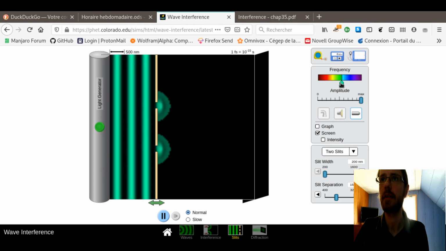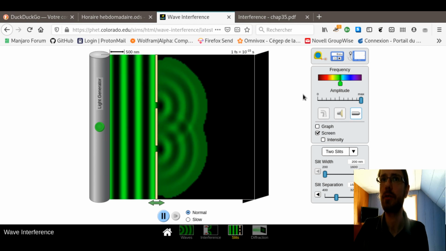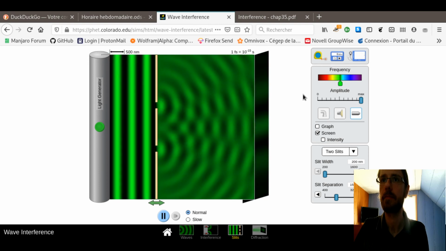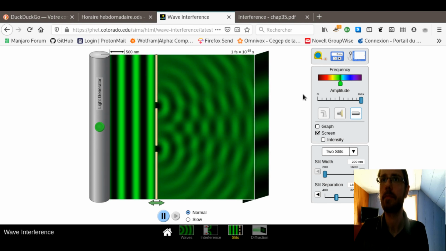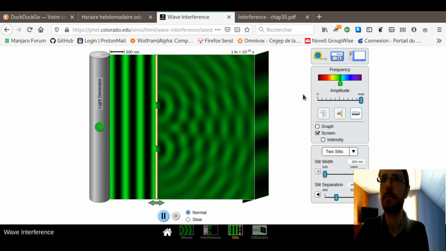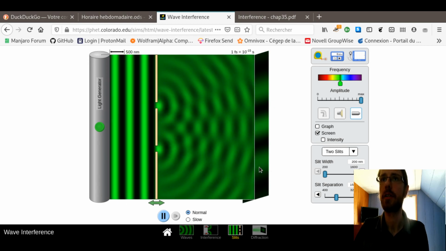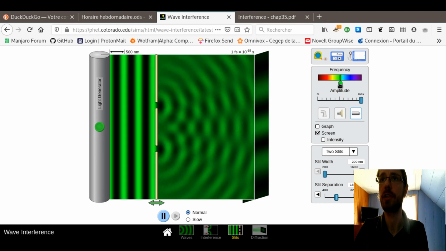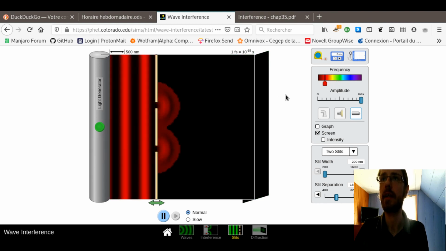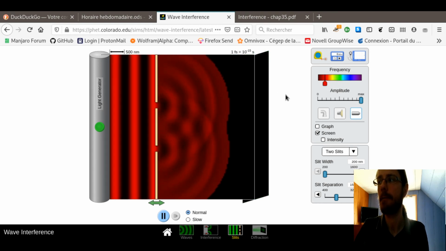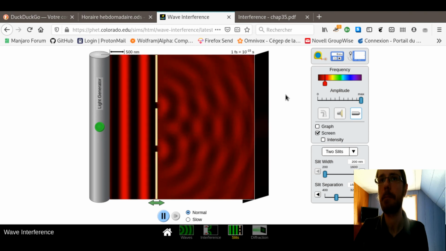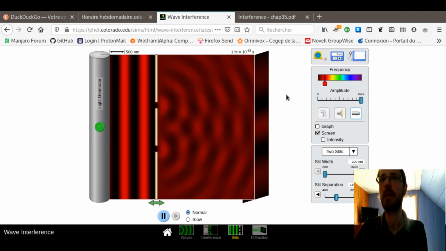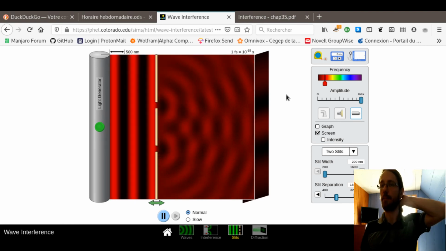If I go back to green light, the positions are not in the same place. I do not even have the same number of bright fringes. If I go to red light, they are not in the same place.